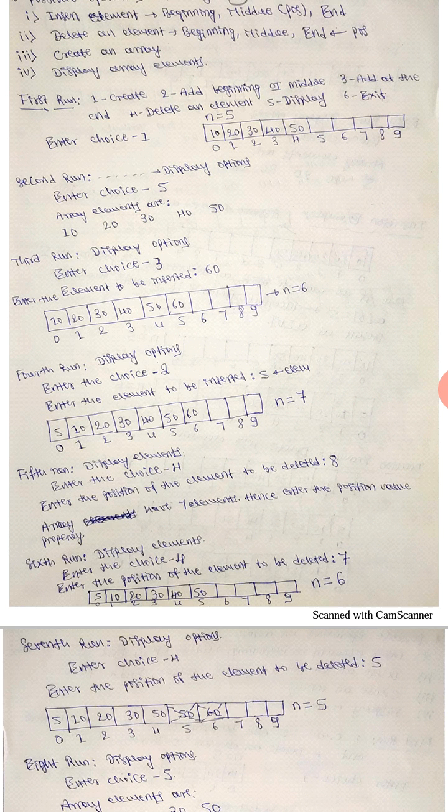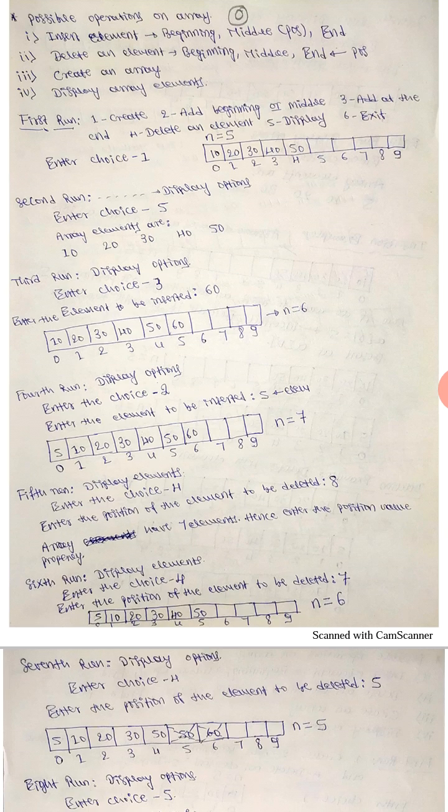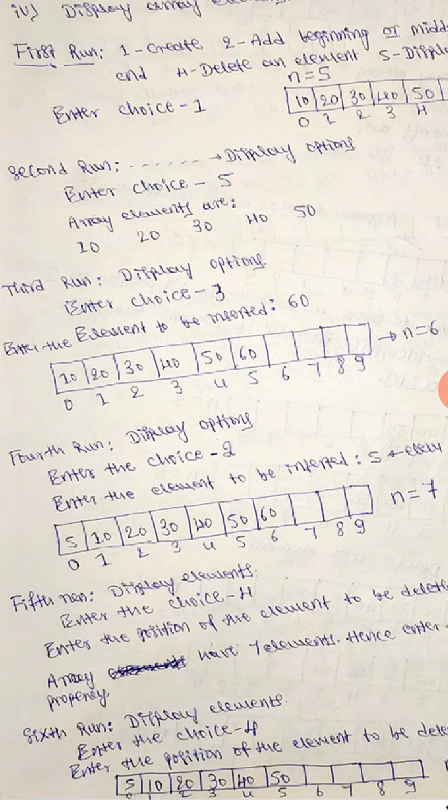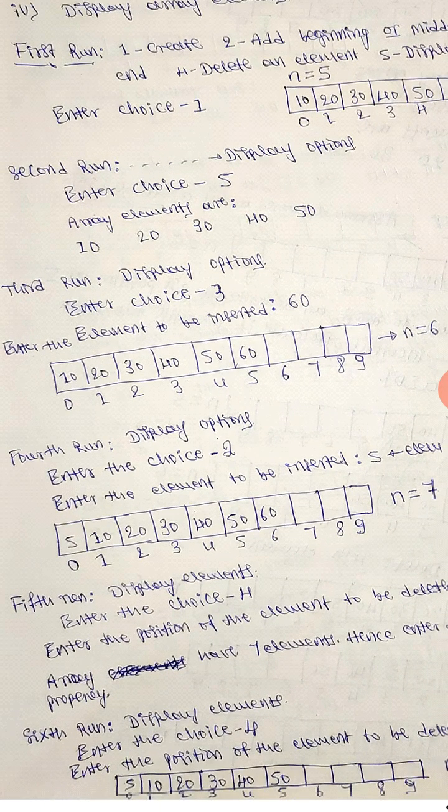The next possible operation is again insertion. As I have stated, whenever we want to insert an element into an array, we require the position where we would like to insert.